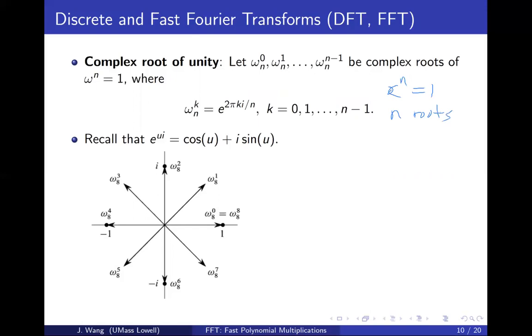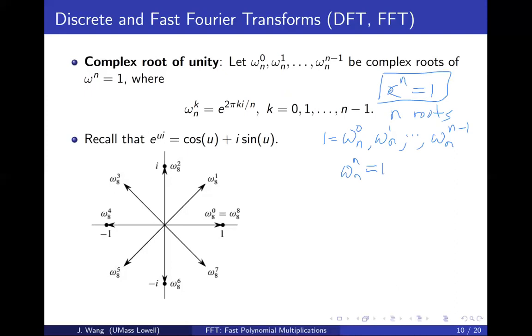We call these n roots omega n0, omega n1, up to omega n minus 1. In this case, of course, omega n0 is equal to 1, and omega to the nth power is equal to 1, because that is where we start from.